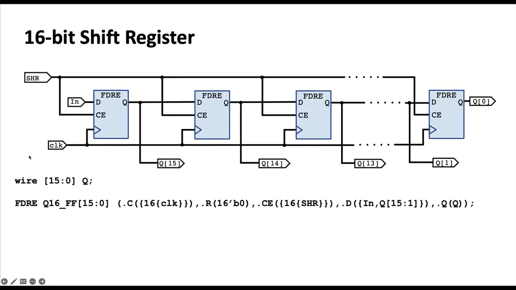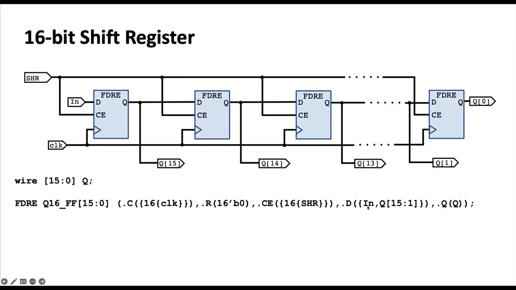And so if I'm shifting right, is that right? Okay. So I'm going to lose Q0. Q0 is going to disappear. And so what I need to do is take Q15 through Q1, and that's going to move over. And then I need a new bit here, so that's the in.